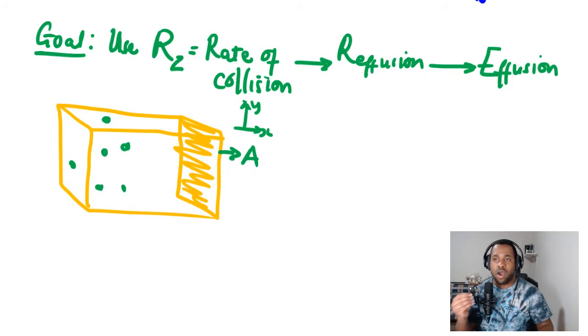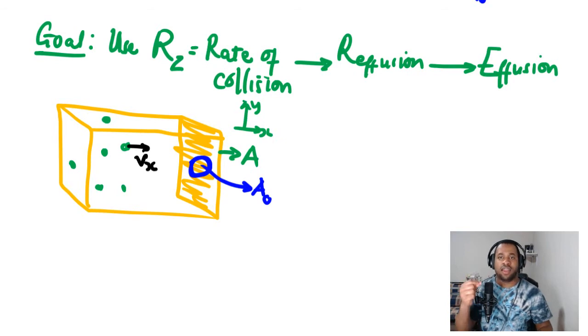So what if you have a specific part that is an opening? We are going to consider the opening's area to be represented as A naught, and this leads to something quite interesting, because in this case we know that all particles are moving in the X direction based on the velocity.